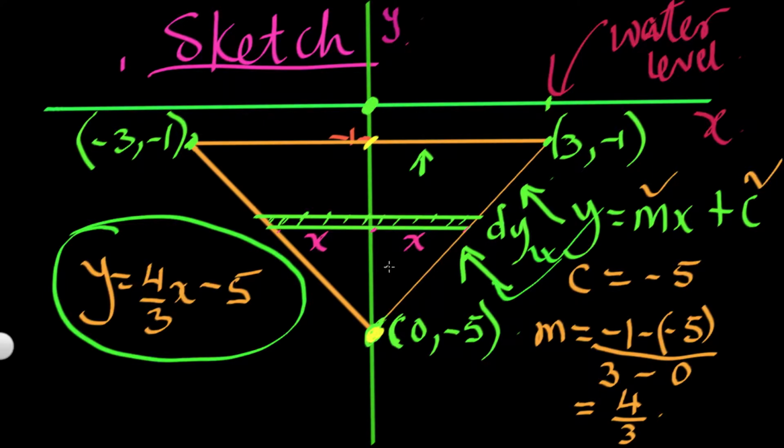So I'm adding all the horizontal strips on this triangle, from y is -5 to y is -1. That is what we mean by integration, because integration is essentially addition. So we are summing, we are adding up these strips. I don't want to do many videos or many examples on this. I want to do one example, but explain it well, so you get it once and for all. Okay, let's go back to where we were.